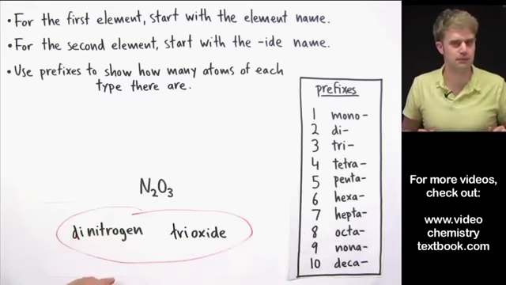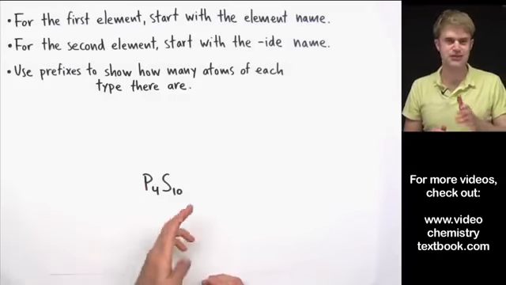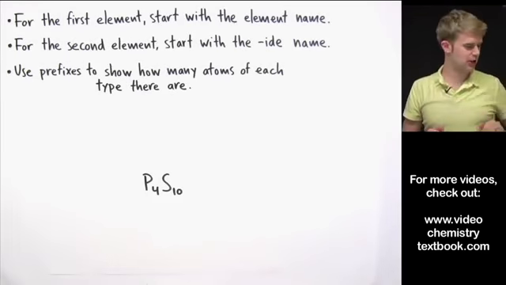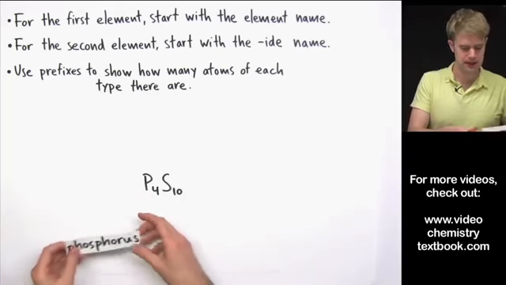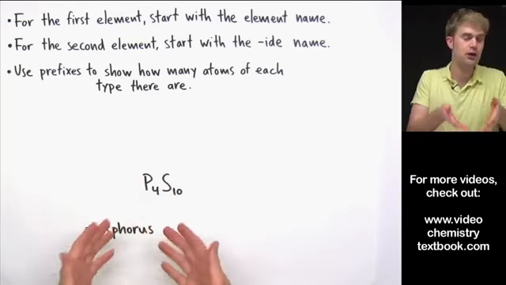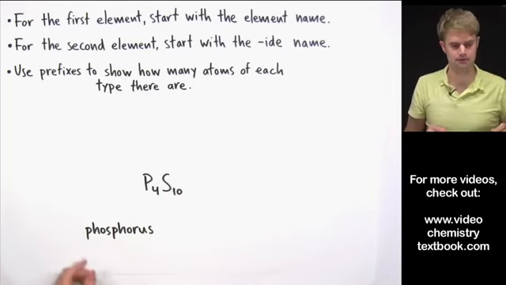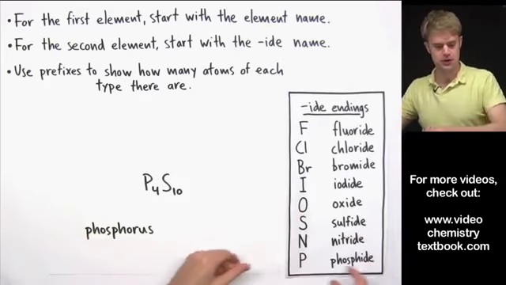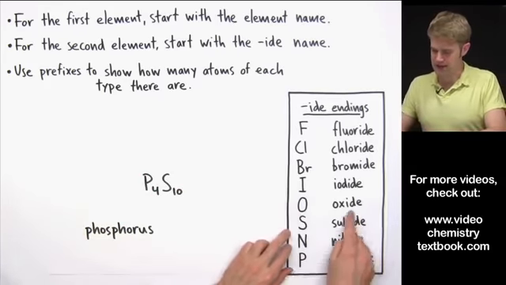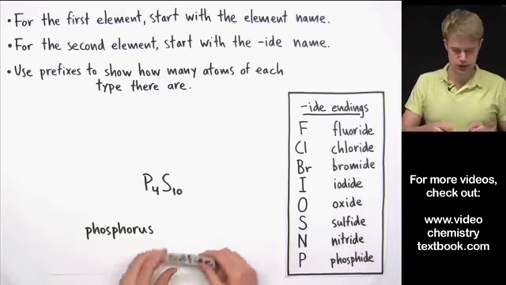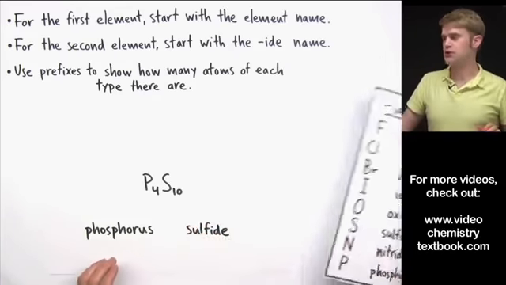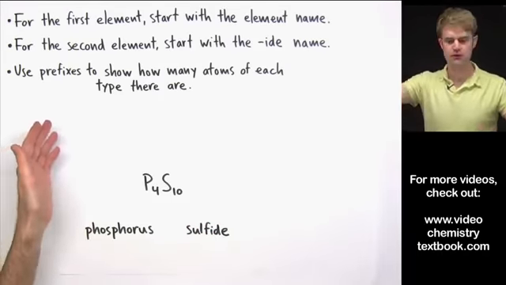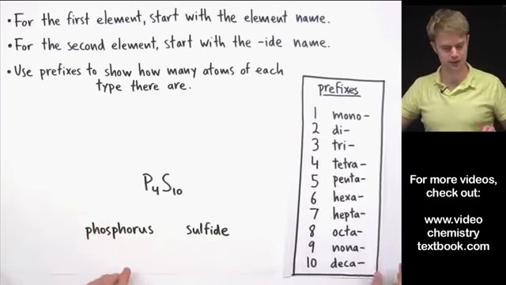Let's look at a few more examples. P4S10. For the first element, we'll start with the element name. P is phosphorus. If you didn't know that, you could look it up on the periodic table. For the second element, S, start with the IDE name. S is sulfur, and its IDE name is sulfide. Now we're going to use prefixes to show how many atoms of each type we have.